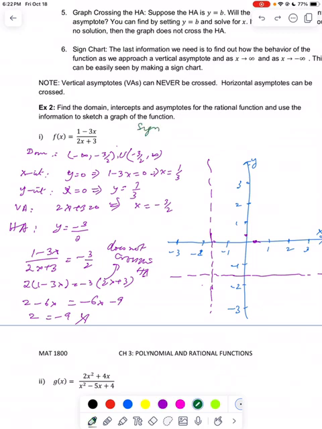The zero was 1/3, and remember we are looking at x values, and the missing number was -3/2. The vertical asymptote will come on the left, and on the right we have the 1/3, and that's all. We have just two numbers.